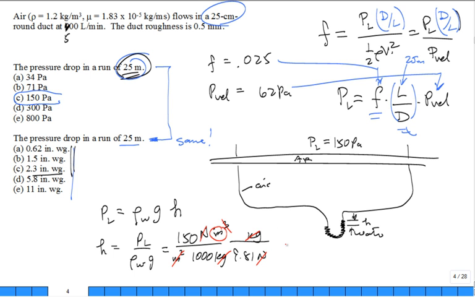And I'll do a conversion that says that 100 centimeters is a meter, and that an inch is 2.54 centimeters. And won't that give me the length or the height of the water column in inches?